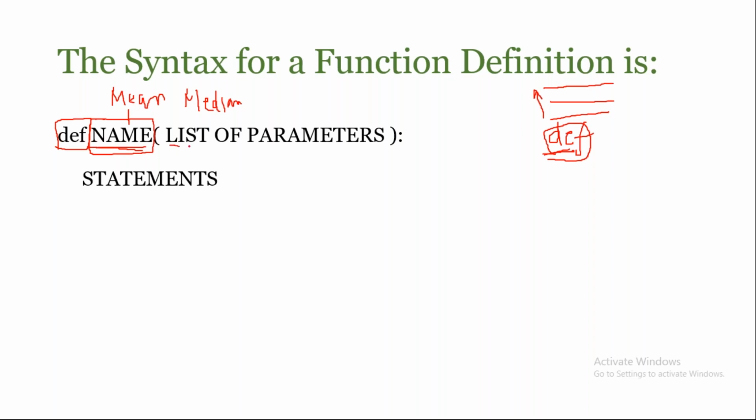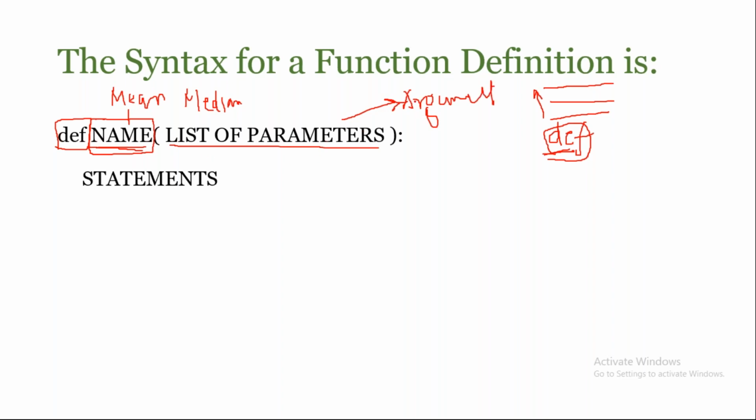Then the function will take a few parameters. Now, the moment I have written parameters, you have seen that earlier I used the term argument, right? Now I am using the term parameter.